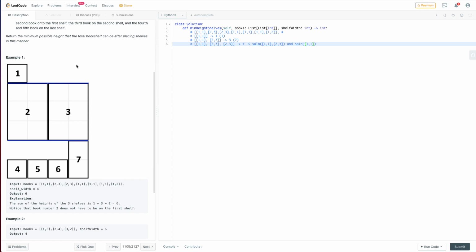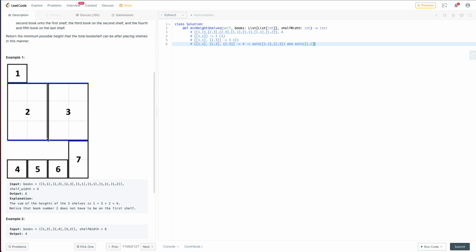Since we have to put things in order, I don't think we have to consider the things before. In fact, do we need to consider 2 if it was a height of 2? Yes.